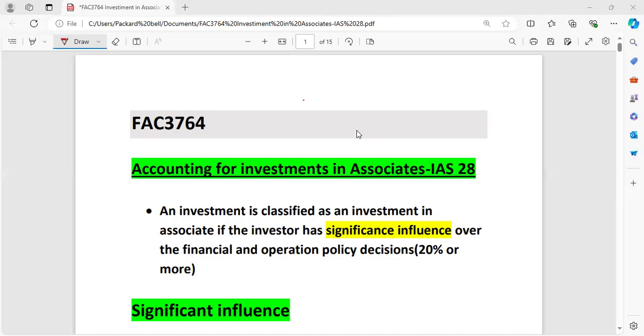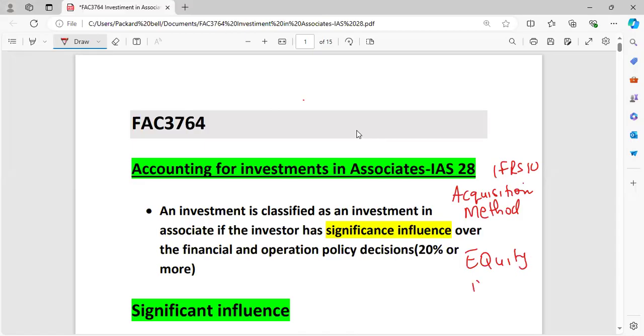So that's another difference when you are answering your question. Remember, International Financial Reporting Standard 10 uses the acquisition method, where we have a subsidiary and a parent. In International Accounting Standard 28, we use the equity method.